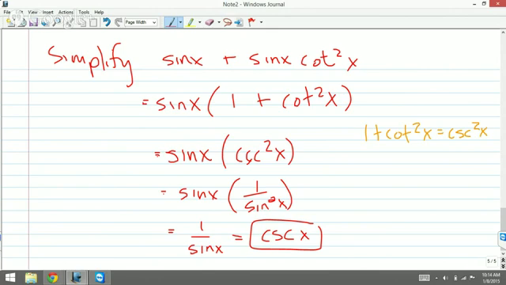That was a little easier. But again, you're using your identities to simplify. All the identities we listed yesterday and the 2 today, use those to your advantage.